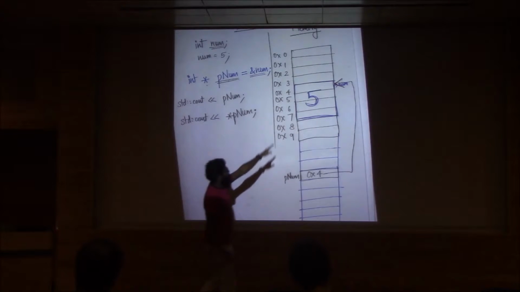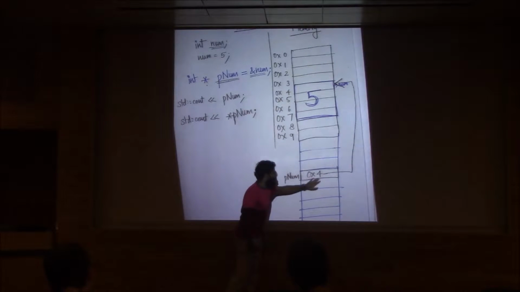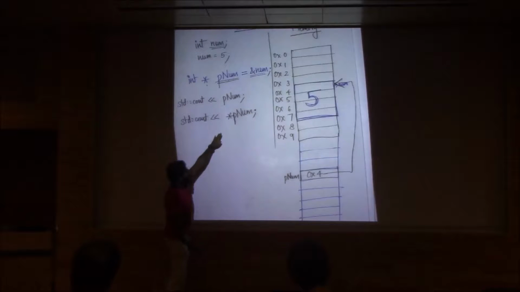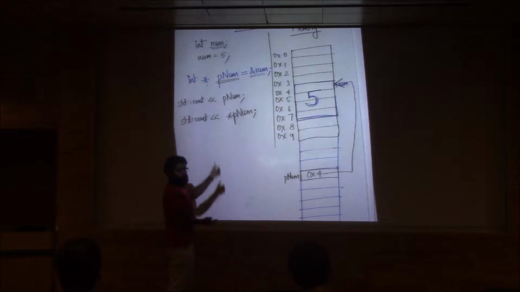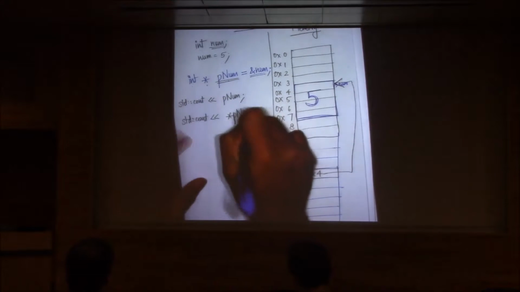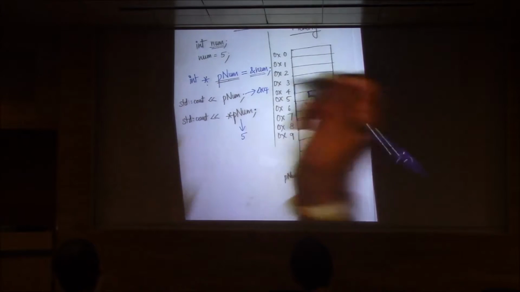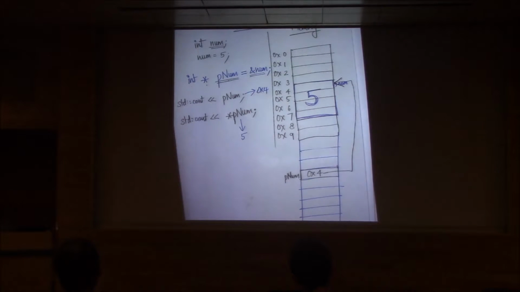This pointer is pointing to the num variable. If you just print pnum, it prints the value of the pointer. But if you print star pnum, it prints the value that the pointer is pointing to. So star pnum prints the value 5, and pnum prints the value 0x4. Does this make sense? It's very simple in a way.